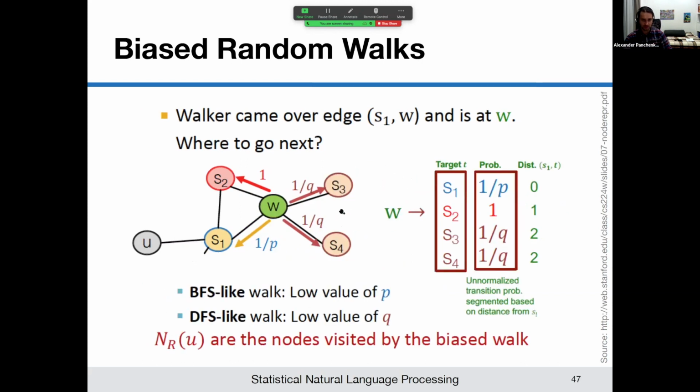And this is how you will convert these probabilities, and then you're going to normalize this into a probability distribution, and then again perform a selection using a random guess and make a step.